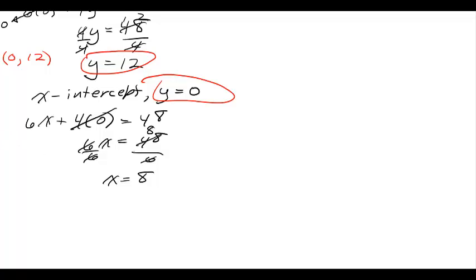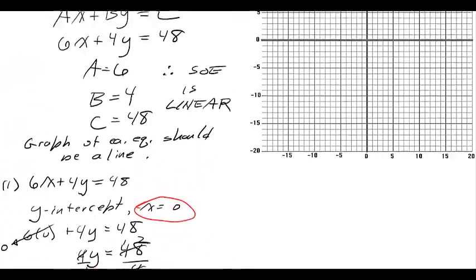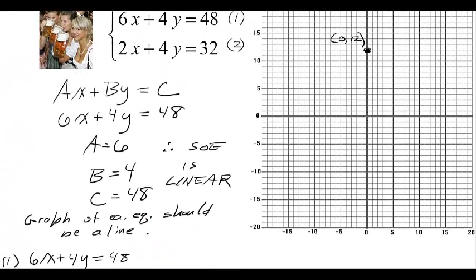So now we have defined another point. We set y equals 0, and we have x equal to 8. So that gives us the point 8, 0. Let's plot that point. 8 is in the positive x direction, so that's 5, 6, 7, 8. 8, 0.